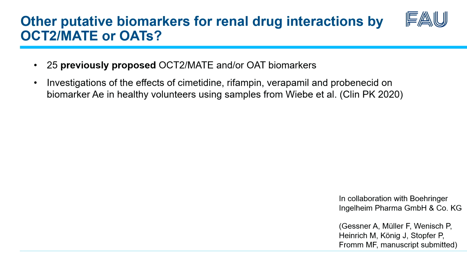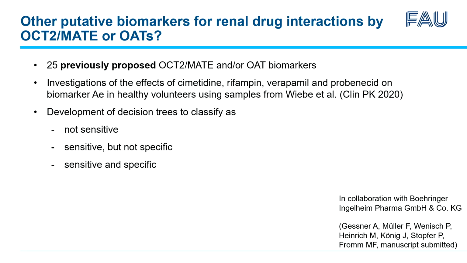Again, we used the study from Vivo et al., which I just described a minute ago, and looked at whether the prototypical inhibitors cimetidine, rifampin, verapamil, and probenecid affected the biomarker amount excreted into urine in healthy volunteers.